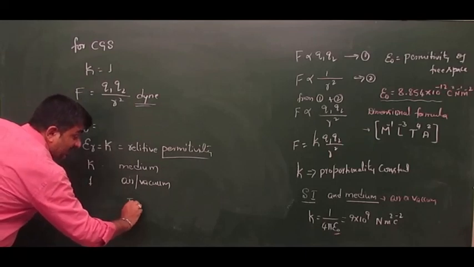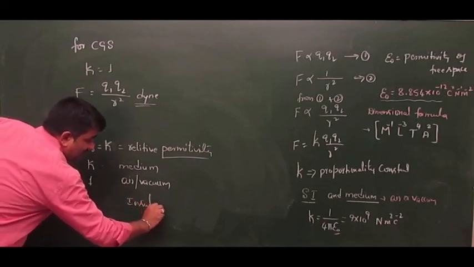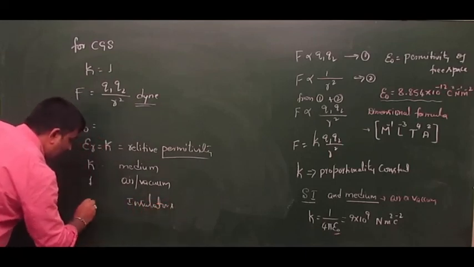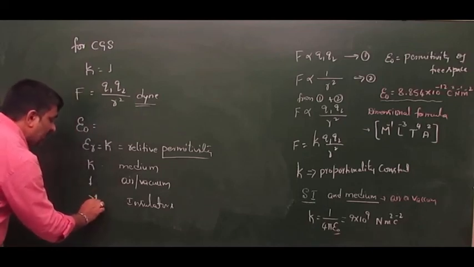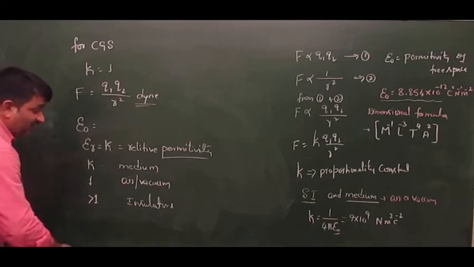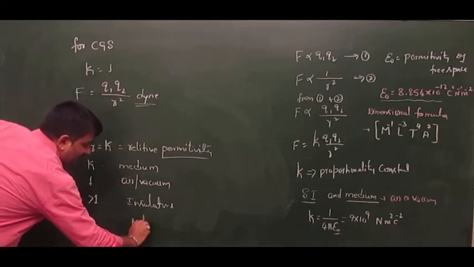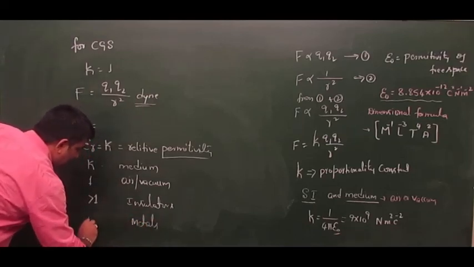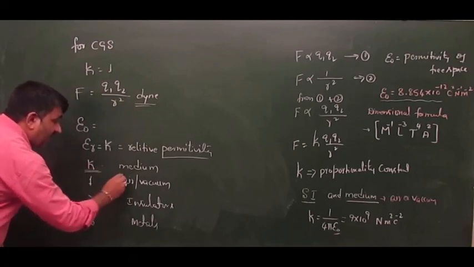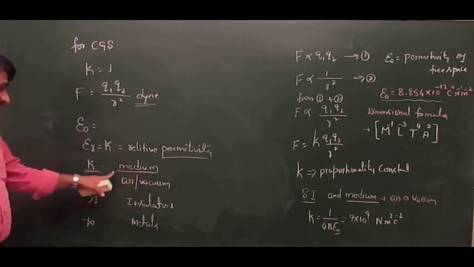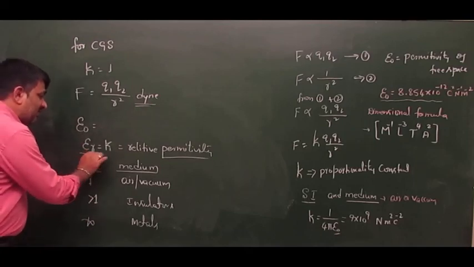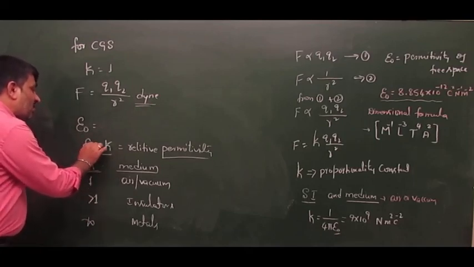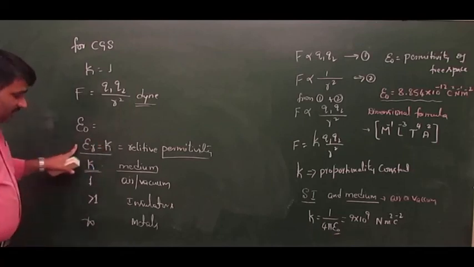For insulators, it is equal to or greater than 1, but not equal to infinity. It's greater than 1 and lesser than infinity. For metals, it is infinity. The K value depends on the medium. Here capital K is the dielectric constant or relative permittivity.